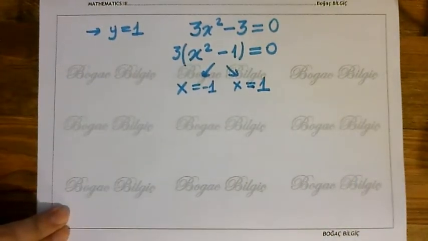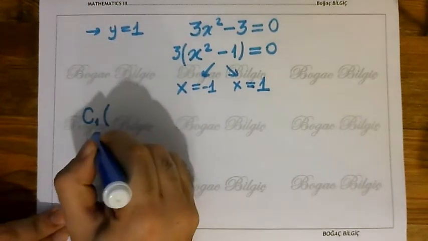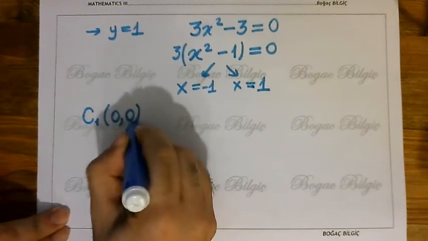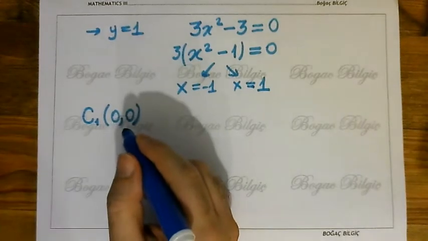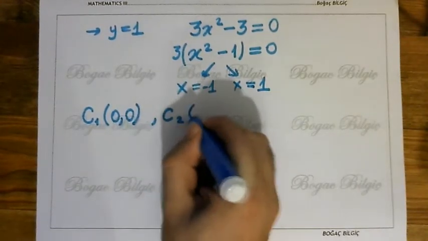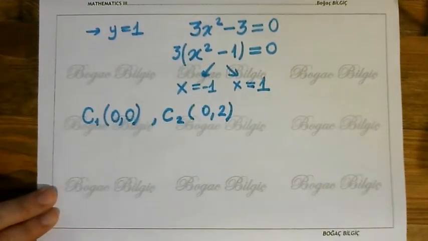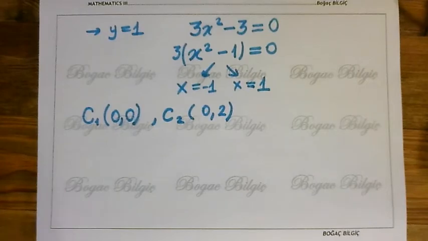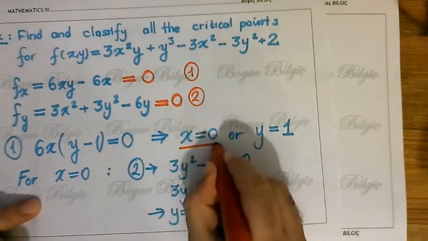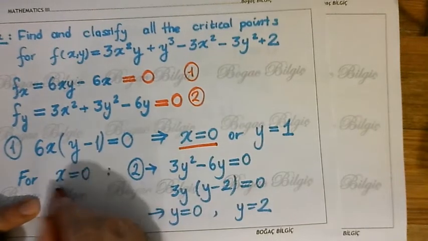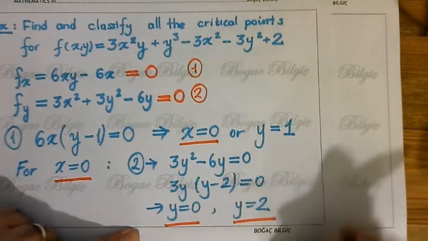We have the following critical points. Critical point C1 is (0, 0), and C2 is (0, 2). Because firstly we find x is equal to 0, and y is equal to 0 and y is 2.